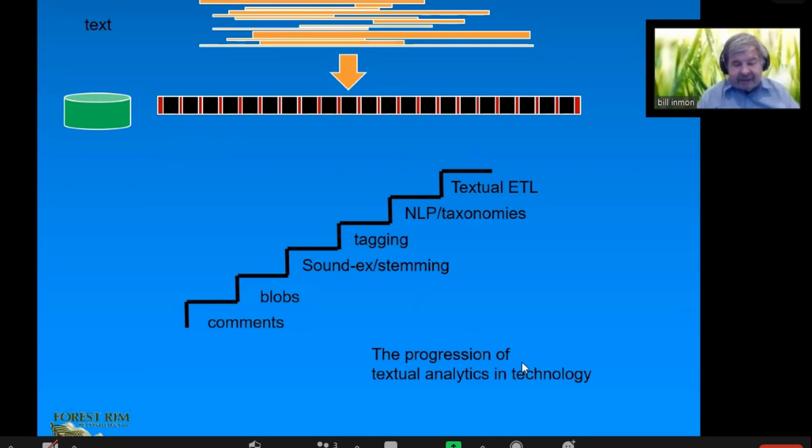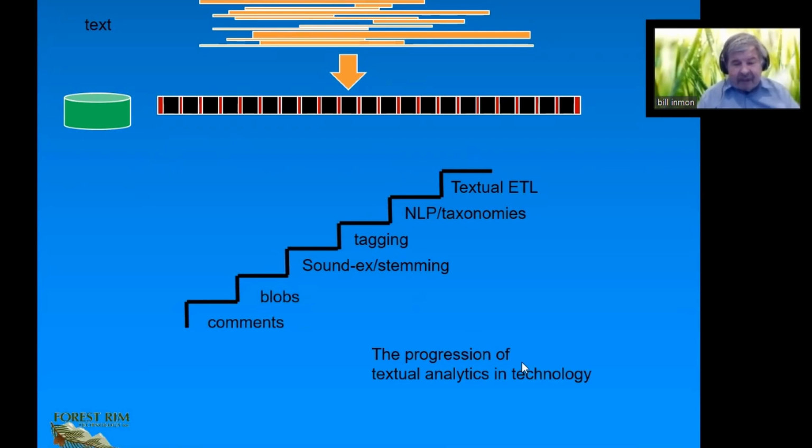Then the database vendors came along with something called blobs. And what is a blob? A blob is something that can accommodate various sizes of text, and so we solved one of the problems of dealing with text, but there's still a lot of problems with blobs. Trying to go into a blob and make sense of it is very difficult. And then we had some other techniques called Soundex and stemming.